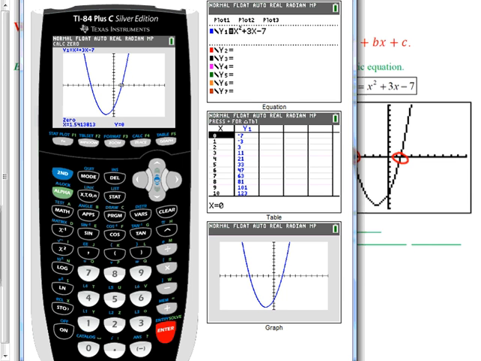Okay, so you go to the left of it and then press enter. And then you go to the right of it. And then press enter. And then go right up. There you go. Good.